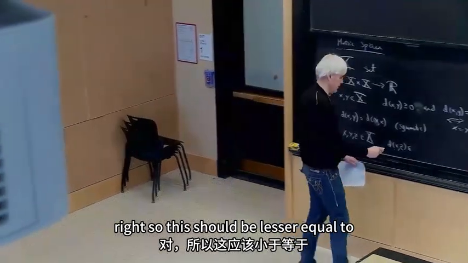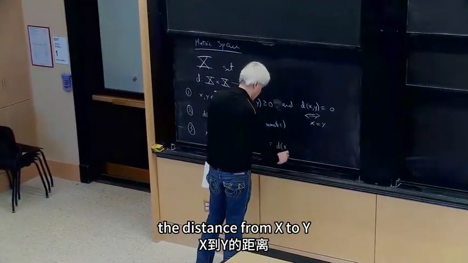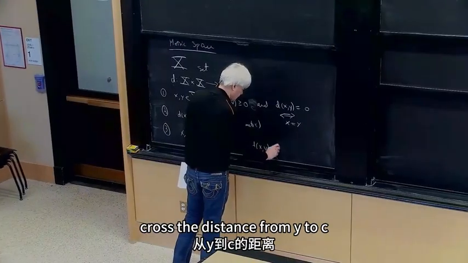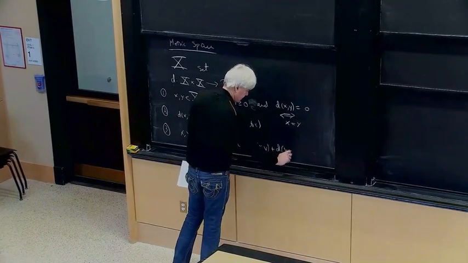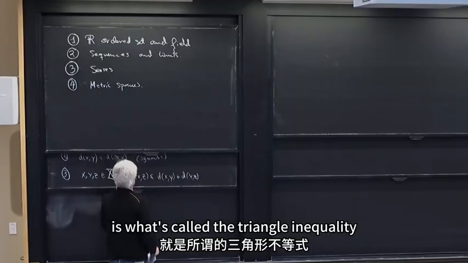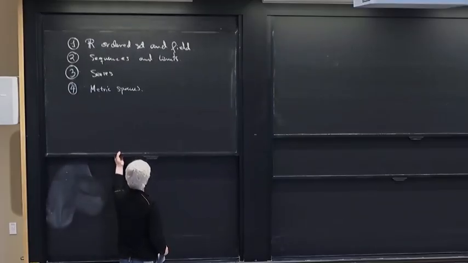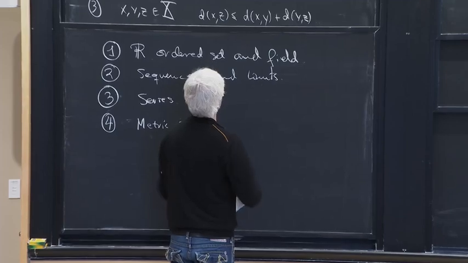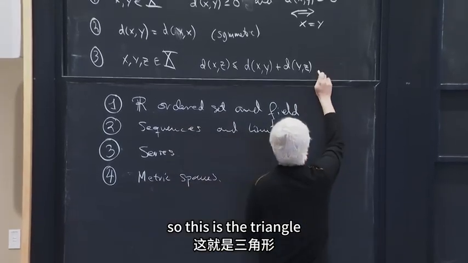So this should be less or equal to the distance from x to y plus the distance from y to z. And this third property is what's called the triangle inequality.